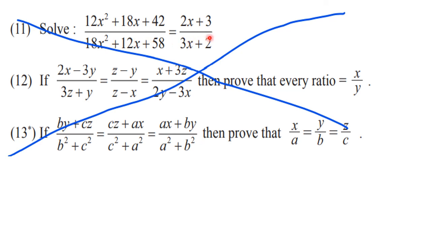This type of sums can be solved by using either the properties or the theorem on equal ratios. So if you want, you can solve these sums as practice. Even though they are under reduced syllabus, you know the method and you can solve them. But these questions will not be asked in the examination. Okay. So I hope you must have understood.